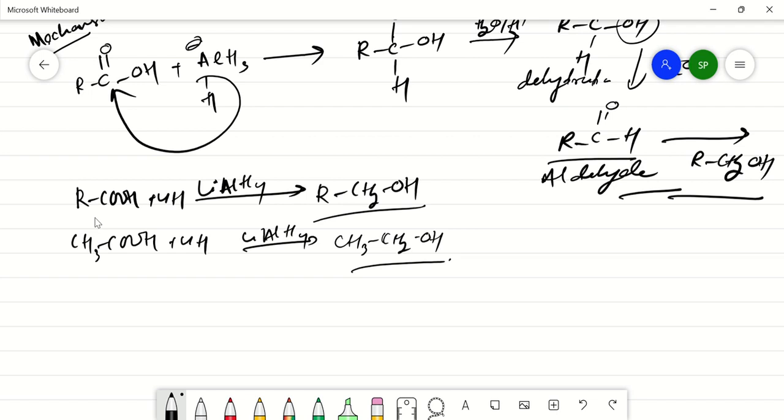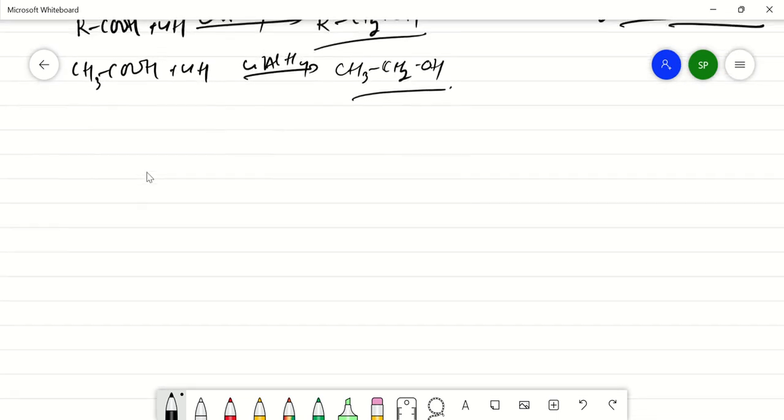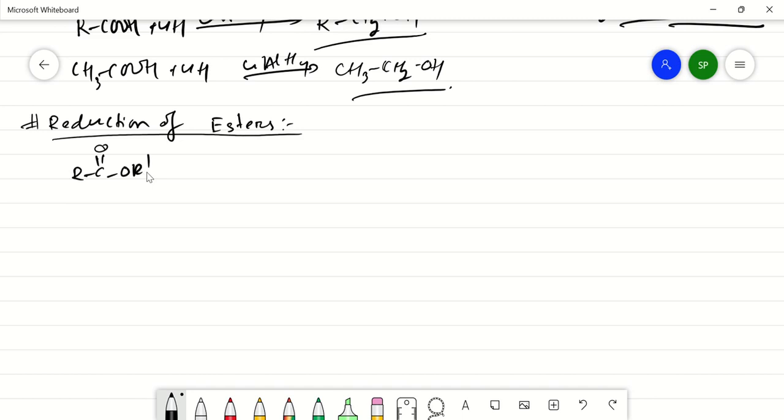Next we will see the reduction of esters. In the same way, we can say reduction of esters like RCOOR dash in presence of lithium aluminum hydride, LiAlH4.